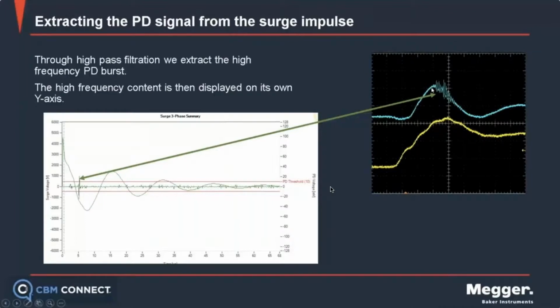We're basically extracting it so it's no longer riding this larger low frequency wave, and placing it on its own axis. This other axis on the right is in millivolts. PD voltage is a millivolt signal riding on a multiple-thousand-volt surge signal. So it's important that we have two axes so that we can evaluate the surge waveform as well as the high frequency rider that's created from partial discharge.